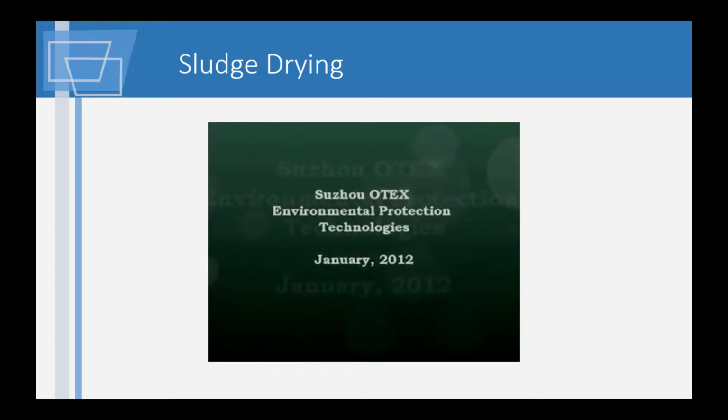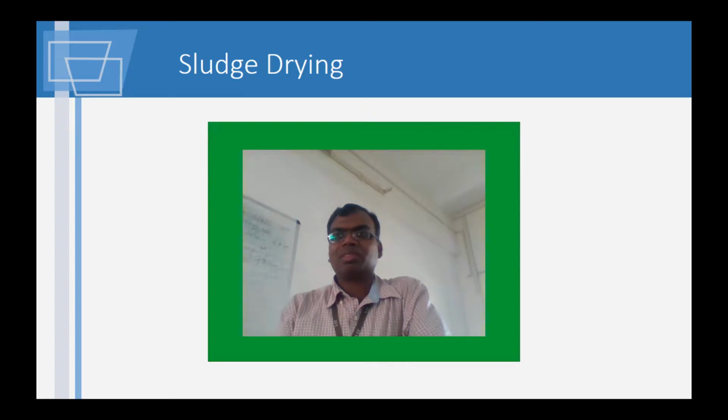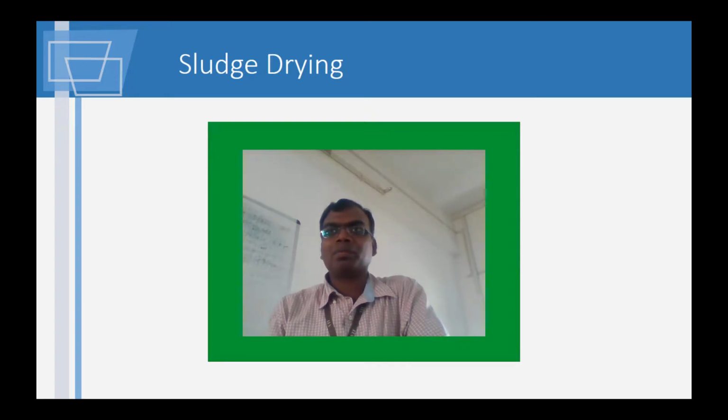Okay. So what did you see in this? Sludge is dried. What do you think are the problems in drying sludge? In this project, or in general also you can put it. This one doesn't work in all the seasons. The effect of the seasons will be there.